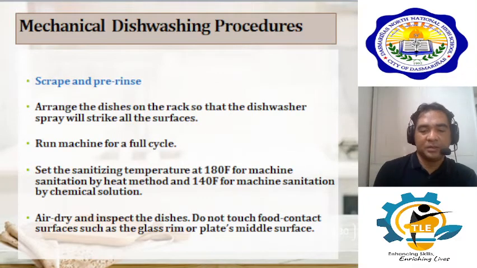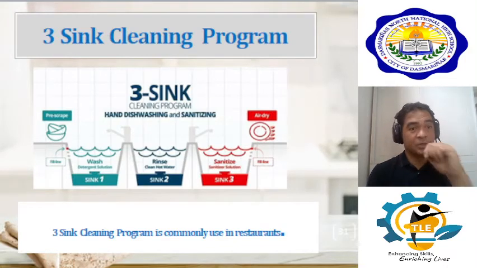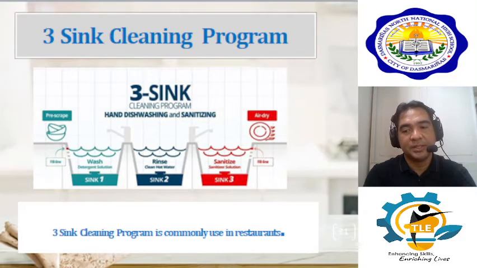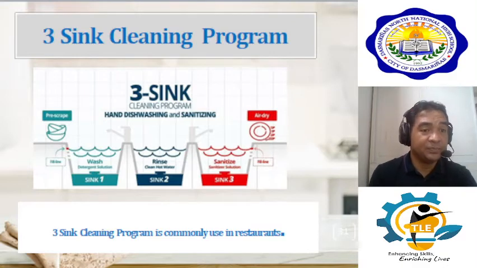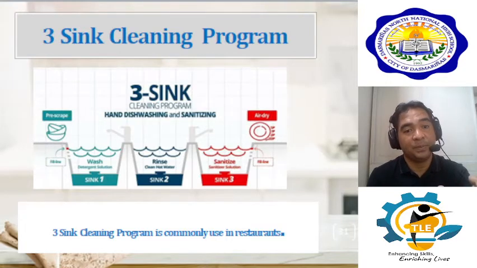All right, now moving on to additional information. We have what is called the three sink cleaning program. As you can see, there are three sinks here, and the three sink cleaning program is commonly used in restaurants.